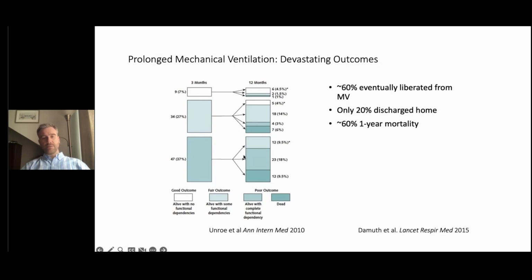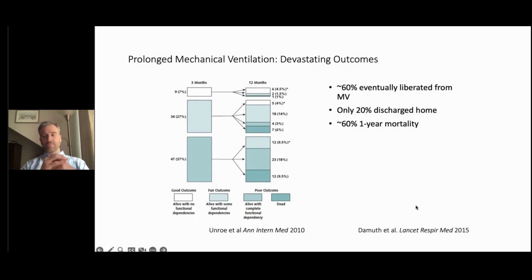So patients who require prolonged mechanical ventilation generally wind up with significant disability. And so it's really an important priority to try and avoid prolonged ventilation if possible.